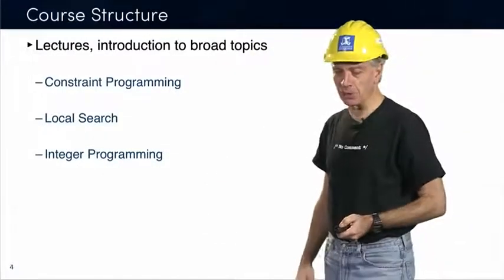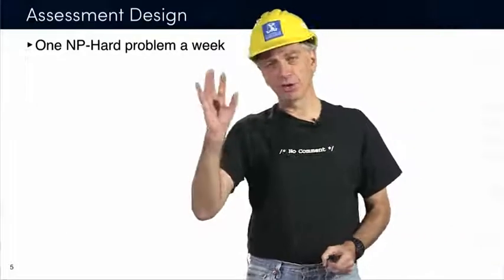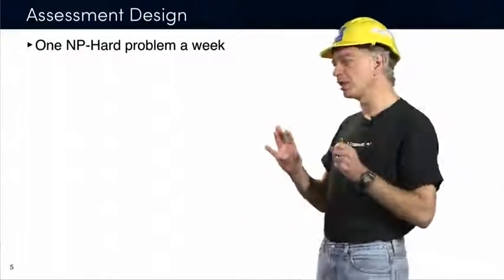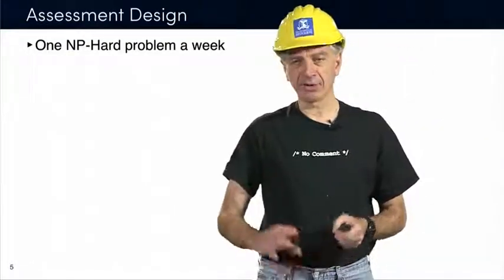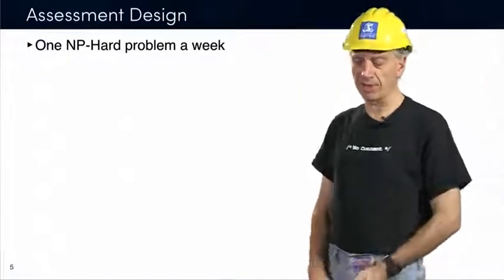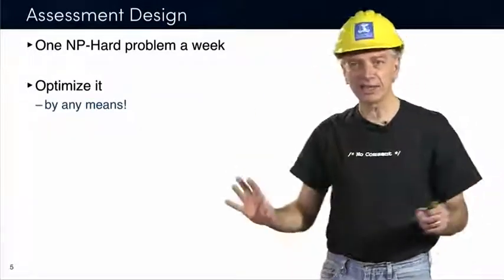Now for the assignment, this is how it's going to work. We're going to give you one NP hard problem every week. Your goal is going to be to solve it, and you can solve it in any way you want. You will use any of the techniques that we have presented.